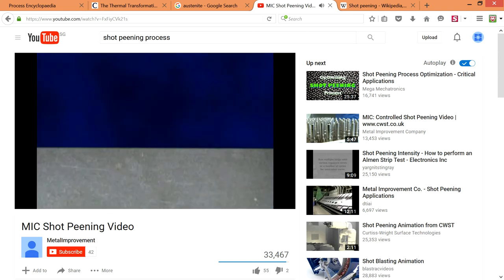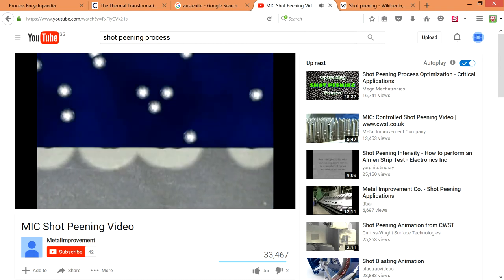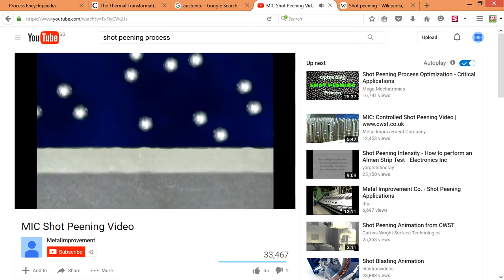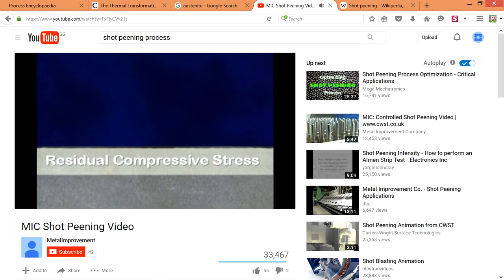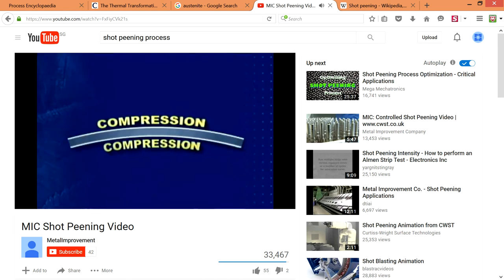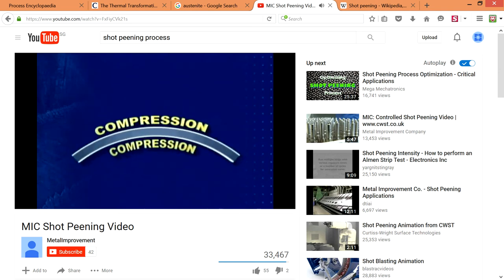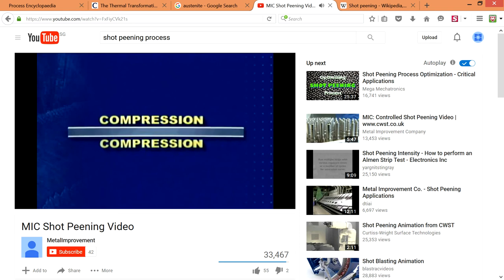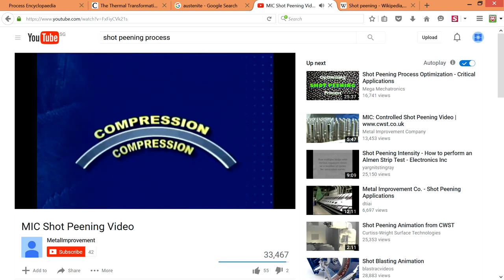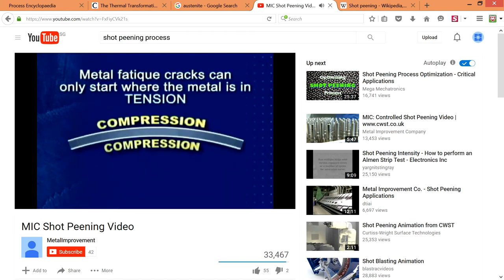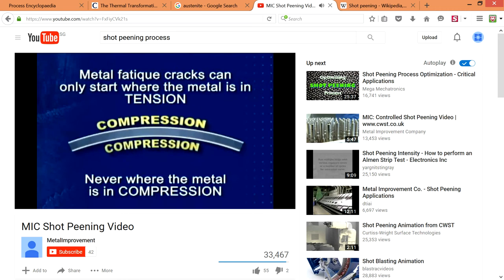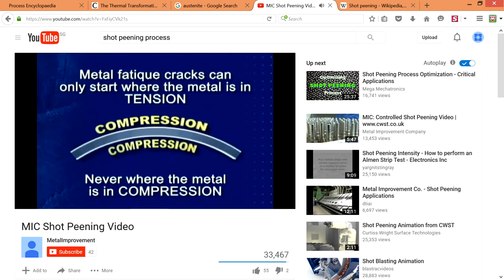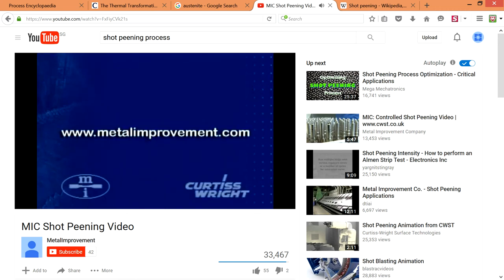The shot peening process, which impacts the surface with millions of tiny metallic or ceramic spheres, is a practical and cost-effective method to introduce a residual compressive stress on and beneath the surface. If a flexing load is applied to a shot peened metal bar, the load must overcome the compressive stress from the shot peening process before a crack can start. This can translate to a significant increase in the service life of the part. To re-emphasize, metal fatigue cracks can only start when a metal surface is in tension, never where the surface is under compression. Metal Improvement Company has been a pioneer in developing shot.